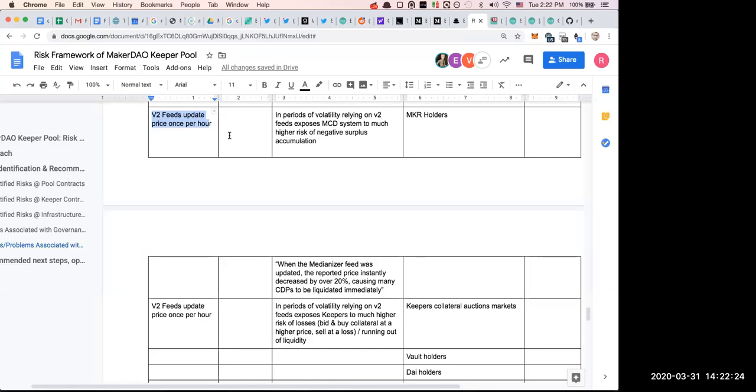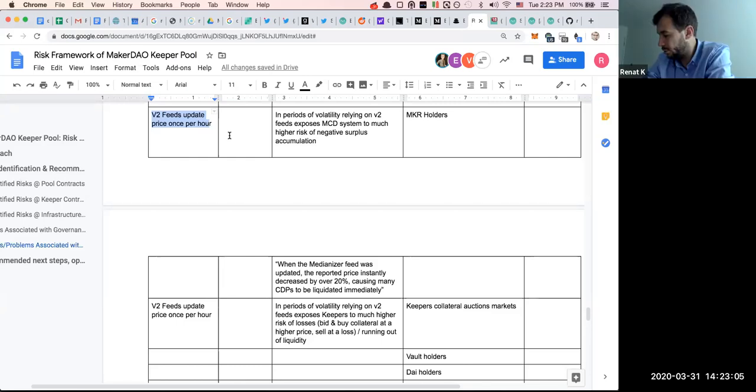Yeah, so there is a function that could be used to grab some amount of collateral from the CDP, and if a keeper invokes this function, there will be a check on chain using this price, whether this collateral is undercollateralized, so if it's possible to take some part of this collateral.